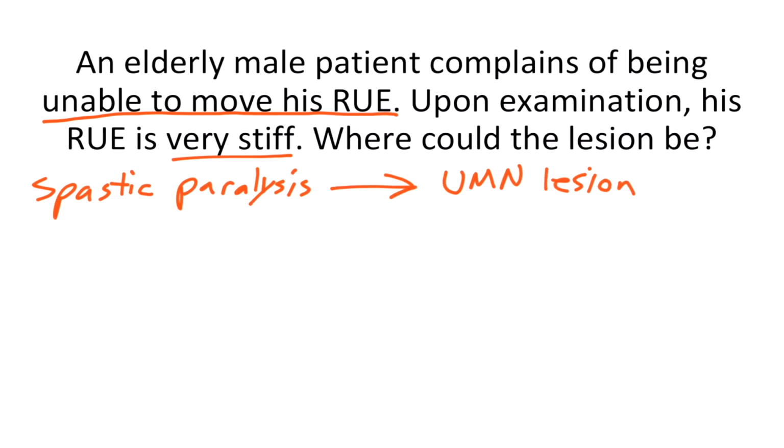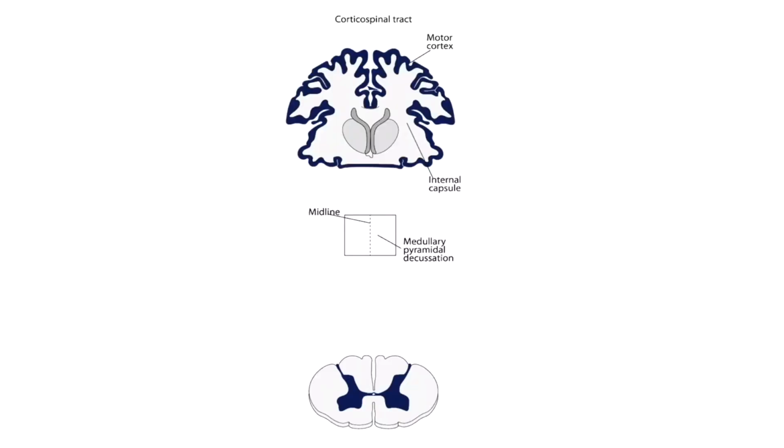Whenever you get an upper motor neuron or lower motor neuron question, think of the corticospinal tract. So let's take a look at that really quick. The patient demonstrates signs of an upper motor neuron lesion in the right upper extremity. So we know that the upper motor neuron that is affected originates in the left motor cortex. And we'll make sure we understand that it's in the appropriate part of the homunculus.